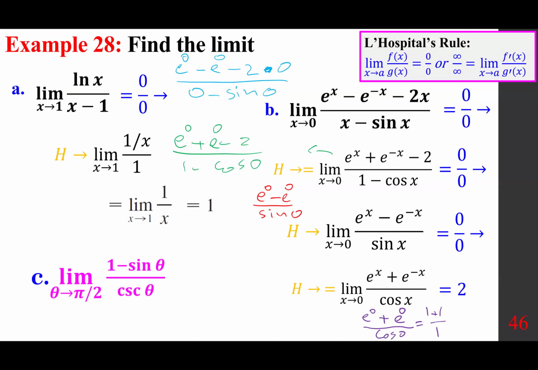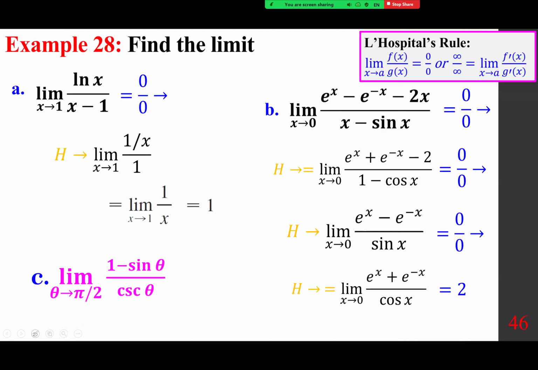What about this one? Plug in pi over 2. Okay, let me actually erase everything. So I plug in 1 minus sine of pi over 2 over cosecant.